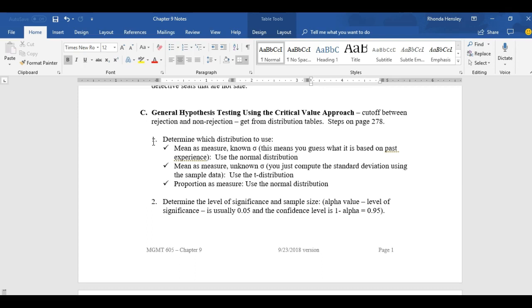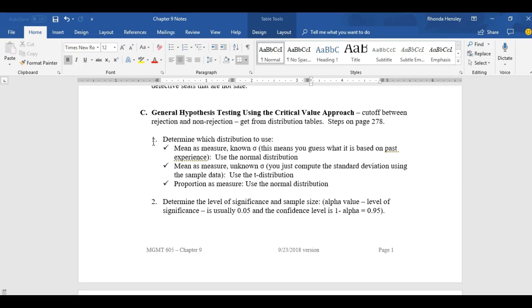In that case, you could use a normal distribution. The risk of that, of course, is that do you really know what the standard deviation is in the population? And if you really don't know what the mean is in the population and you're doing a hypothesis test about it, my best guess is you don't really know what the standard deviation is either. So that one to me is more risky.